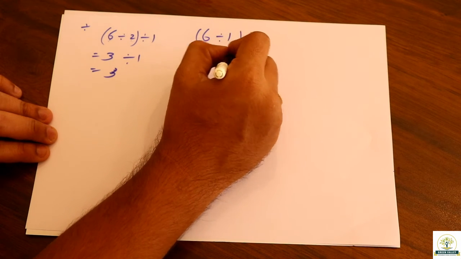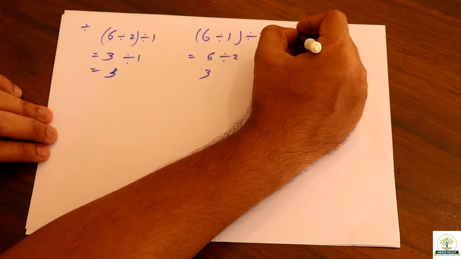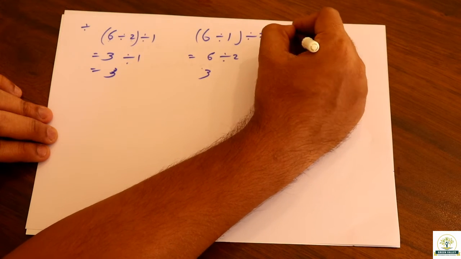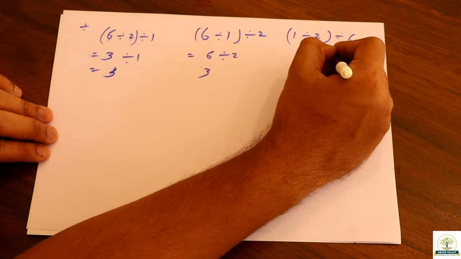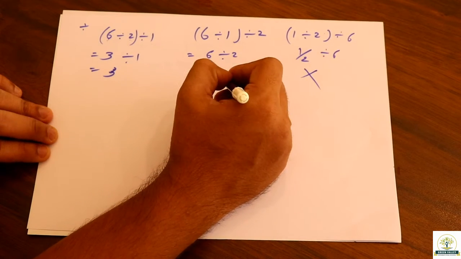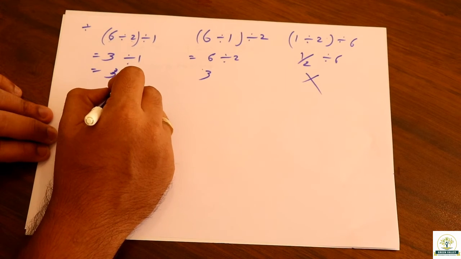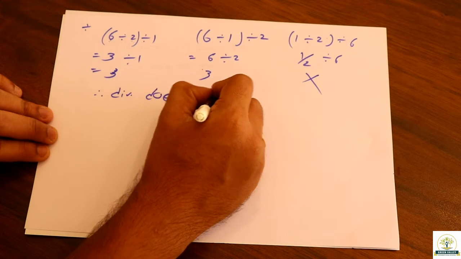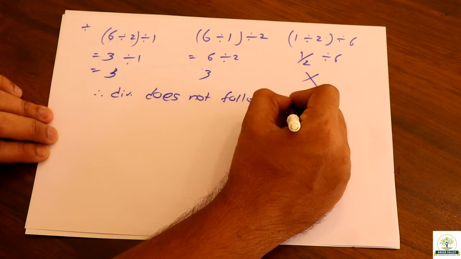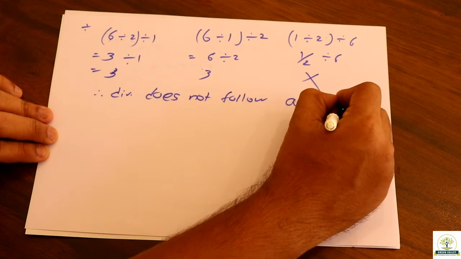What if I do 1 divided by 2 and then divide by 6? The answer won't be 3. Therefore division does not follow associative property.